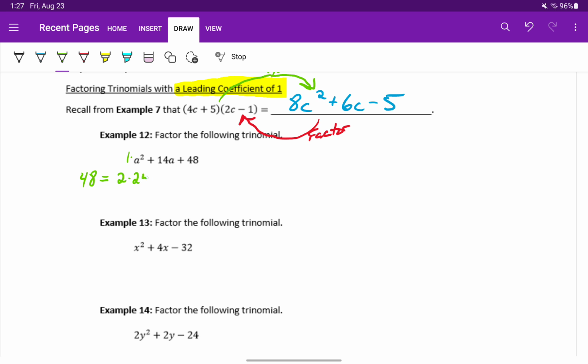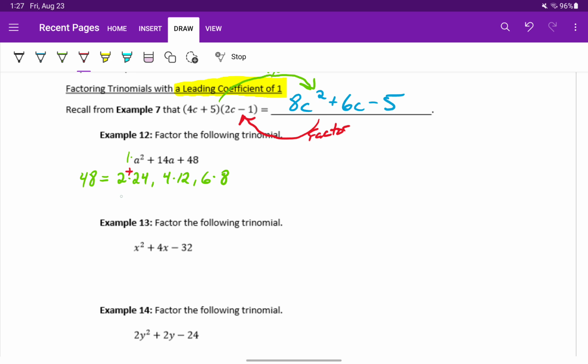So examples would be 2 times 24, 4 times 12, 6 times 8, and we just need to keep generating that list until we have a pair that adds together to equal 14, that value for the middle term.